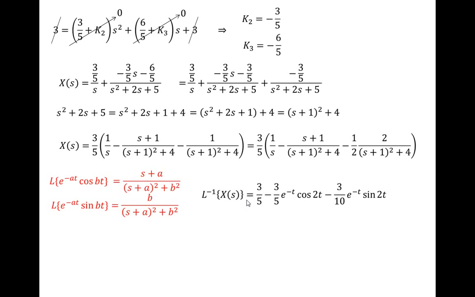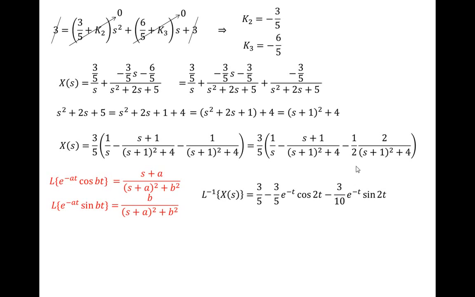So if you look at the relation for X of s, the Laplace inverse of X of s will be, for the 1 over s, a unit step function, so 3 over 5. For this one, if you compare this fraction with the relation here, we see a is equal to 1 and b is equal to 2. So the Laplace inverse of this fraction will be minus 3 over 5 e to the minus t cosine 2t.